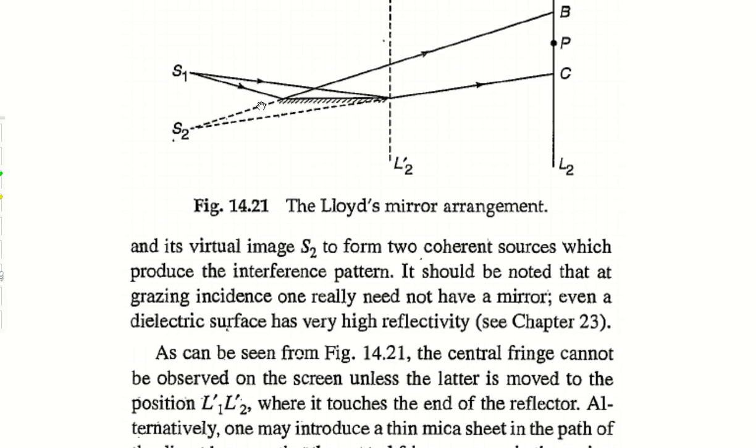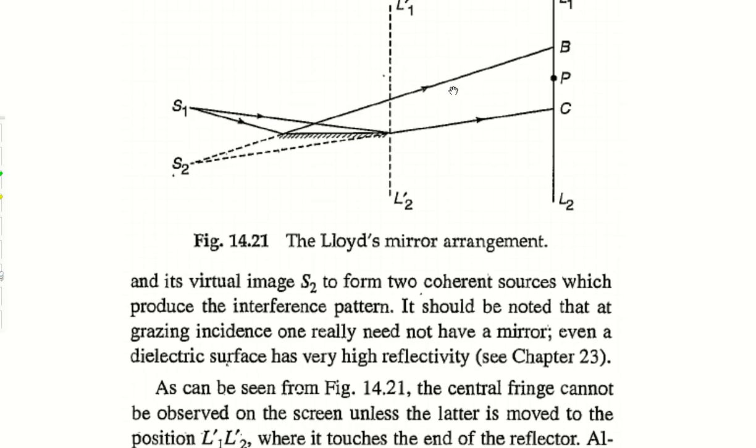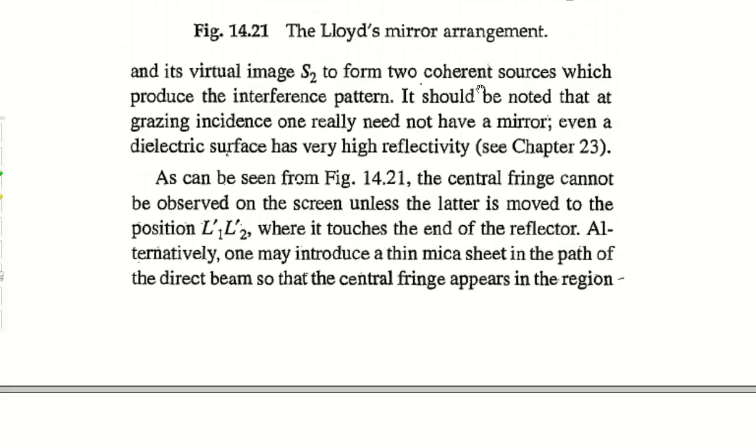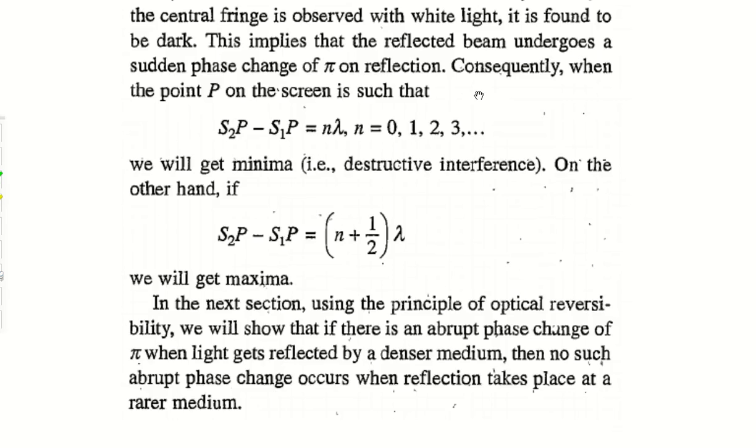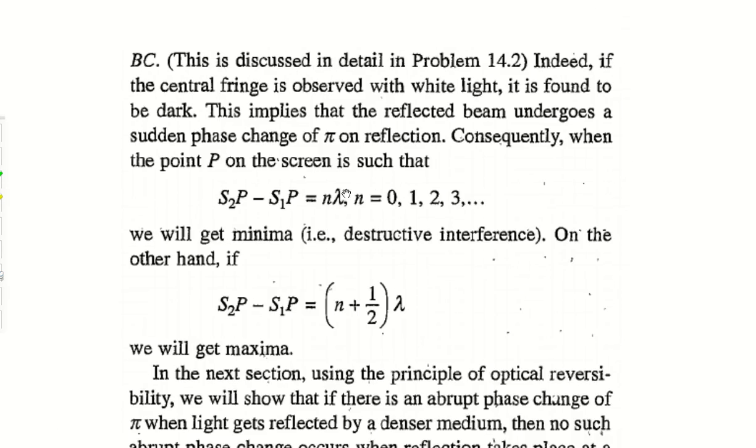So there is an extra pi phase difference. A pi phase difference means your path difference is lambda by 2 extra, because we have the relation that 2 pi by lambda into path difference is the phase difference. So lambda by 2 will be added here.